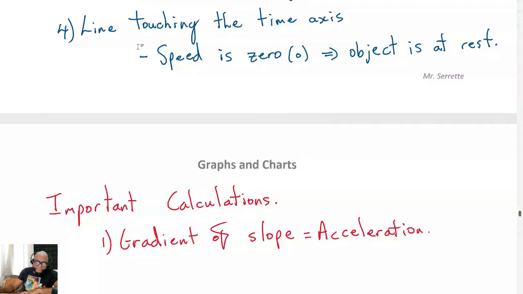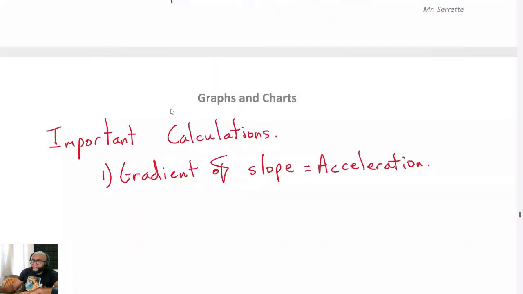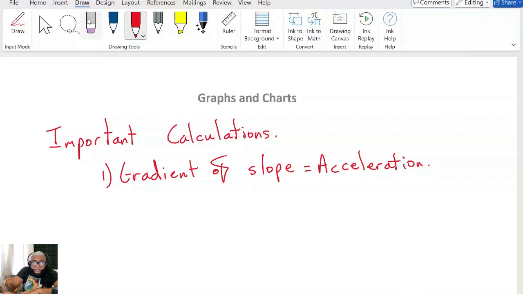Once they ask you to find the acceleration for any particular time on a speed time graph, it would be the gradient of the slope, right?